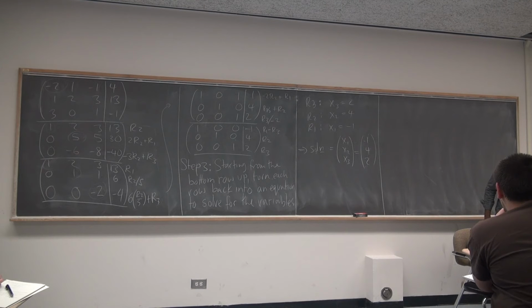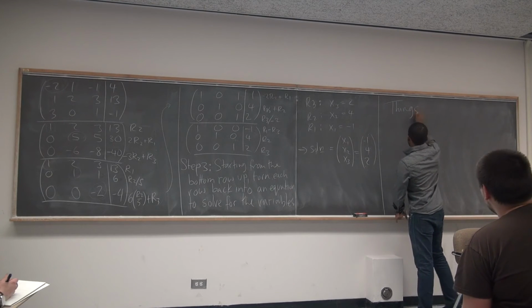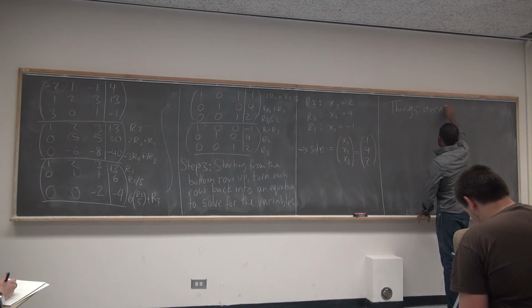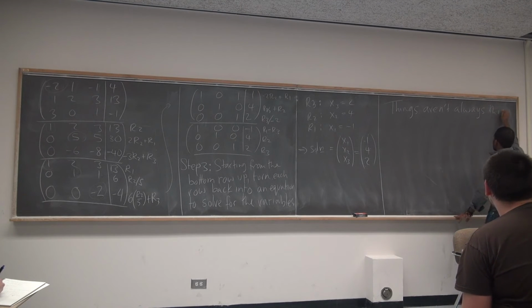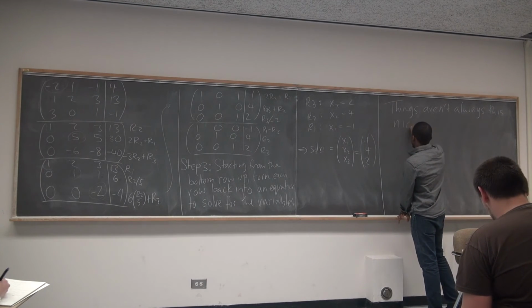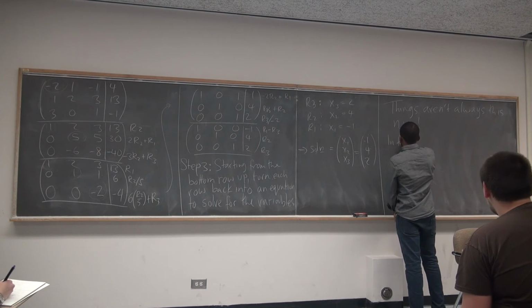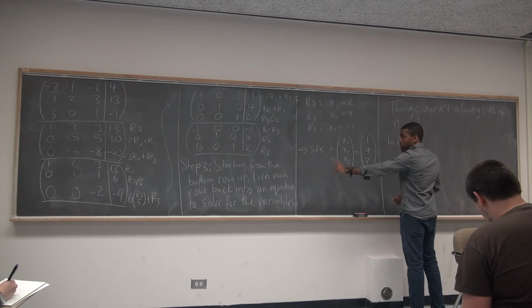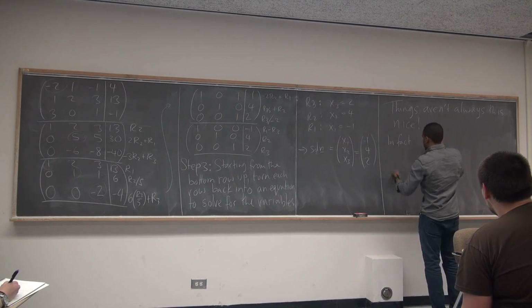So let's actually talk about this. These aren't always this nice. In fact, this last step could be a lot sketchier than you think. Not a lot, but you just have to know what to do.